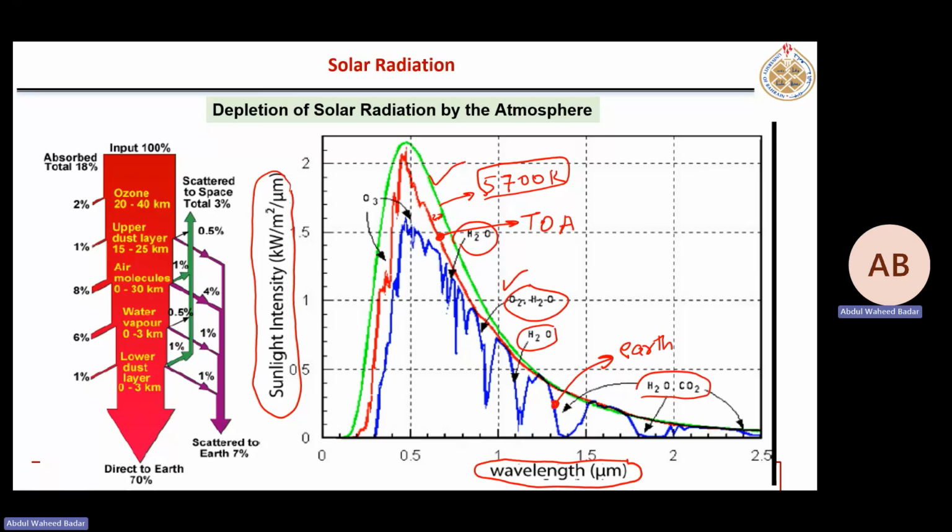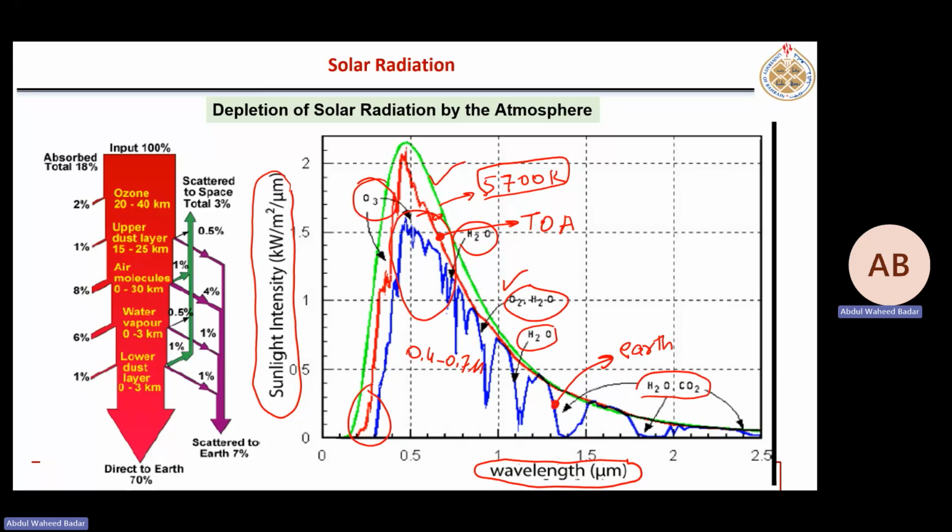The ultraviolet part, which is less than 0.4 micrometer, will be mainly absorbed by O3, right? This ozone layer will absorb it. The visible part, this portion representing 0.4 to 0.7 micrometer, is least absorbed, and it is the peak transmission window, we can call it, right?